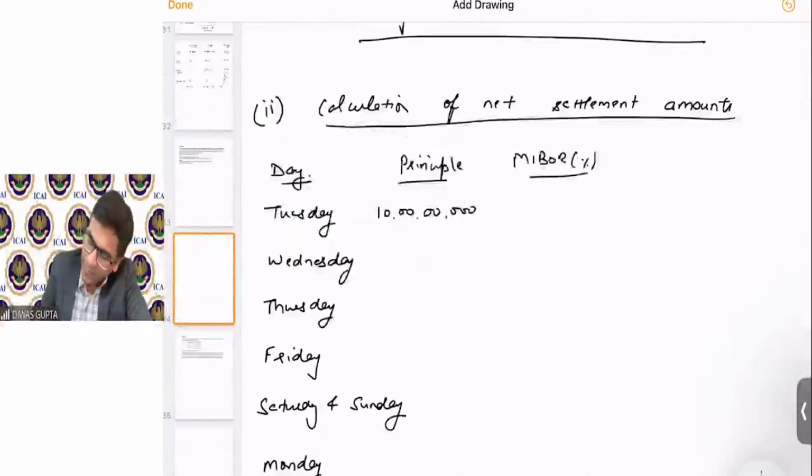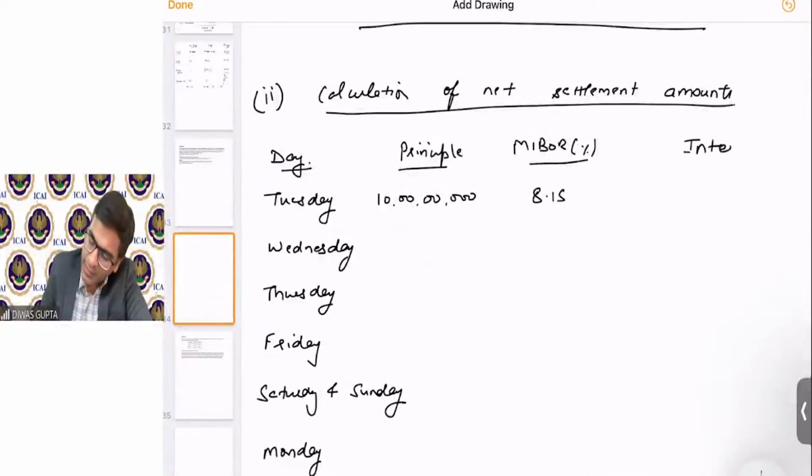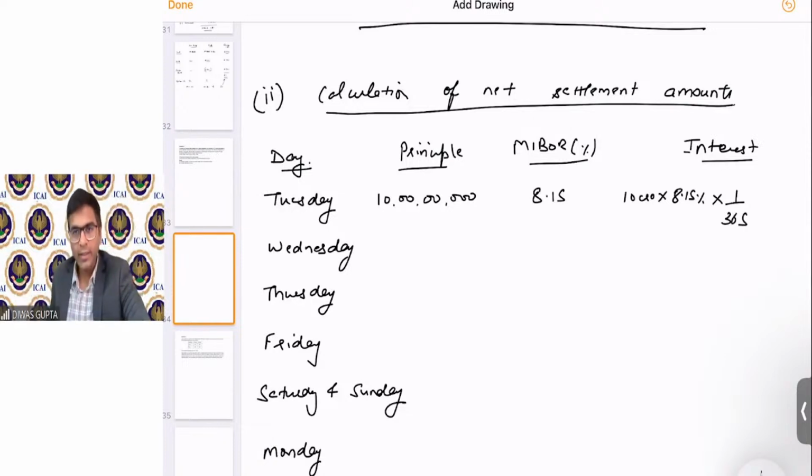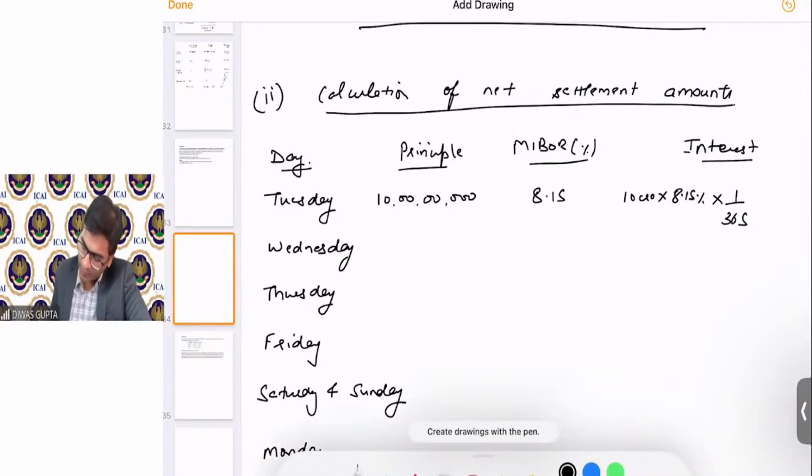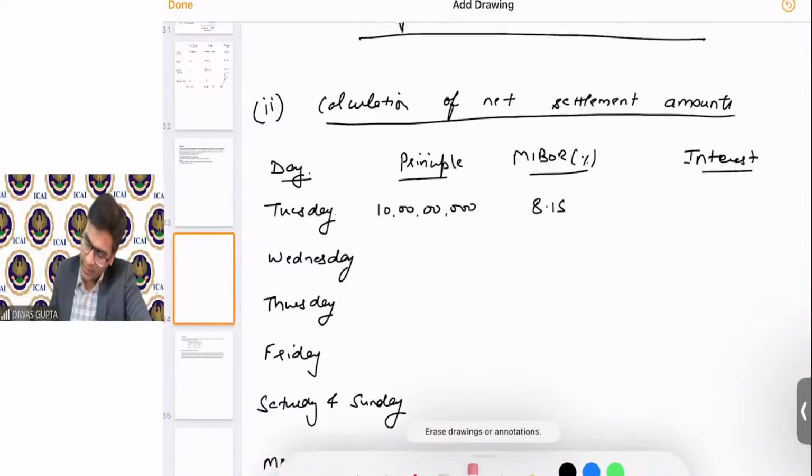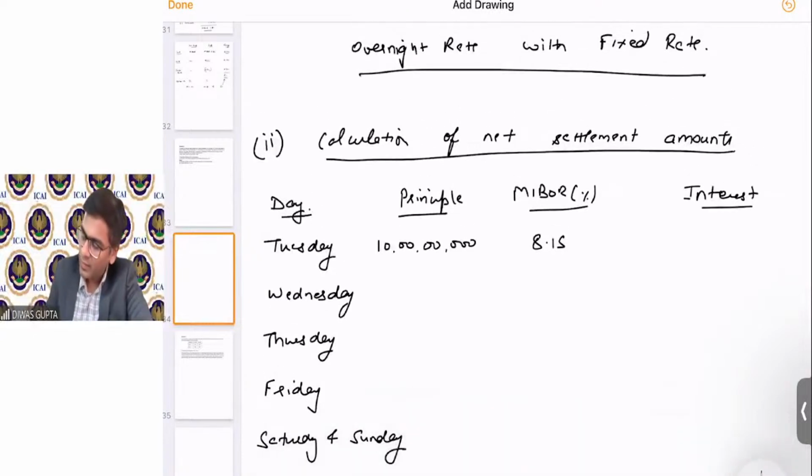And hence the interest amount will be how much? It is easy, right? 10 crores multiplied by 8.15 percentage multiplied by 1 by 365. Correct? Because for 1 day, this 8.15 percentage will get multiplied. So this becomes how much? I'll just write the exact numbers: 22,329.